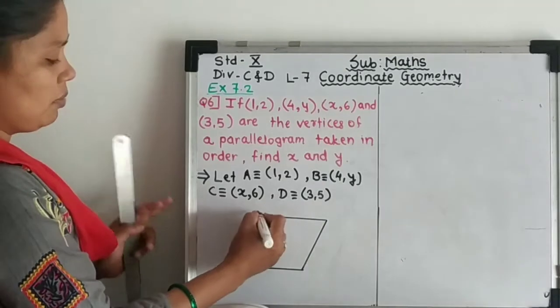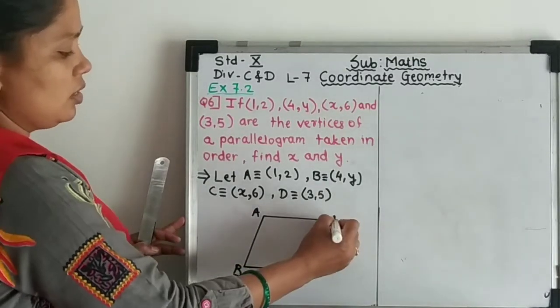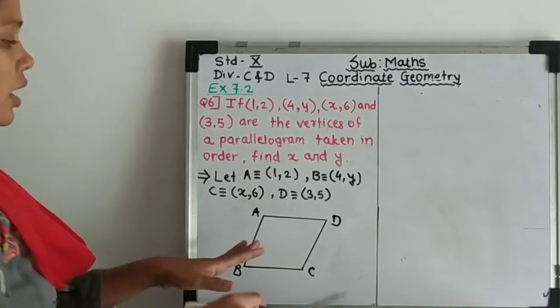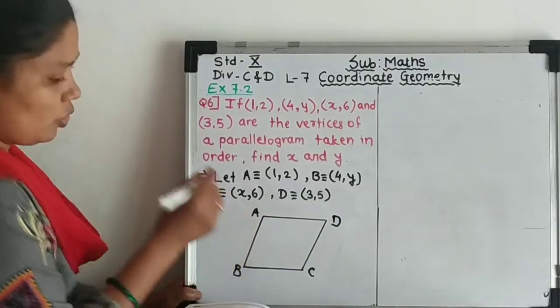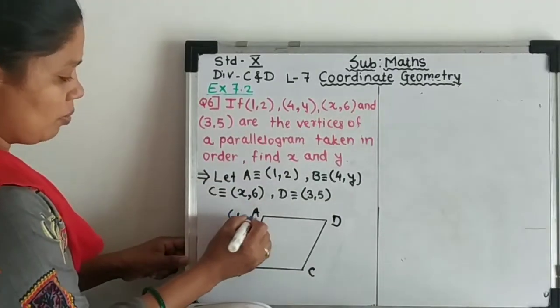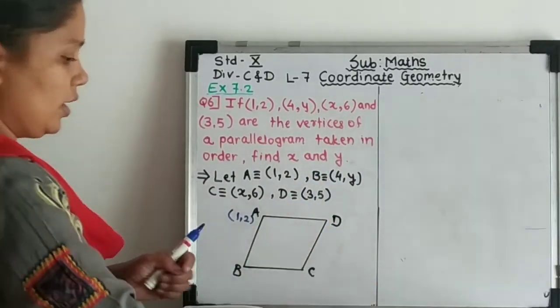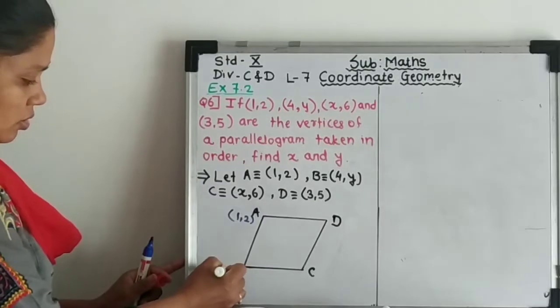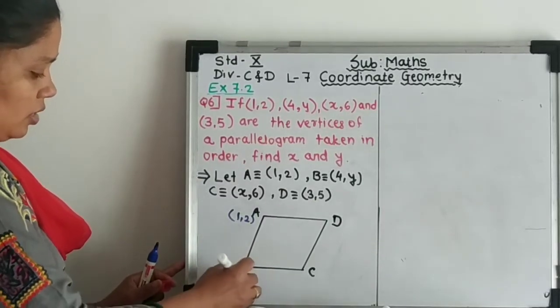Like this parallelogram is there, A, B, C and D, right? I have written here those coordinates. The coordinates of A are 1, 2. For B we have 4, y.